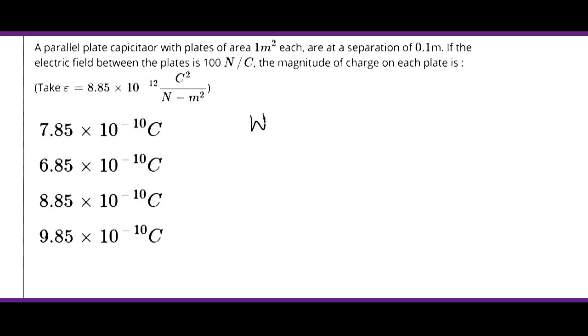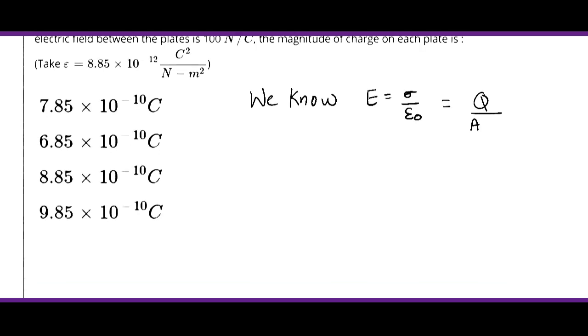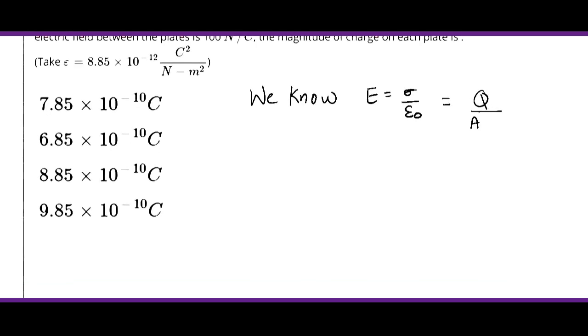As we know, the formula to find out electric field is E equals to sigma upon epsilon naught, where sigma is the surface charge density. We can write sigma as charge per unit area, that will be equals to Q upon A, epsilon naught will be as it is.